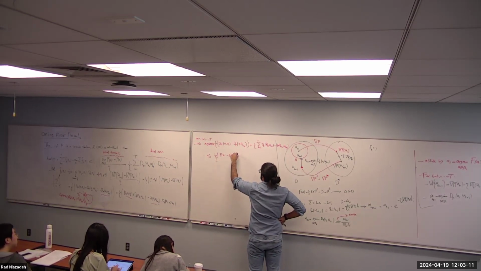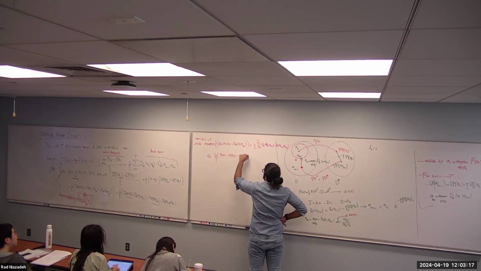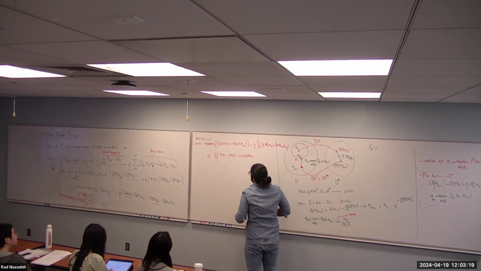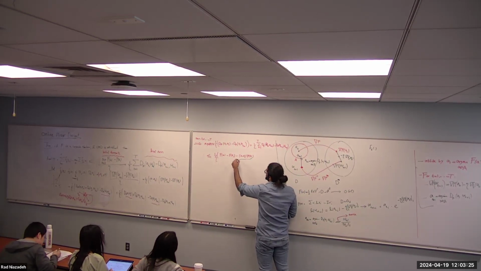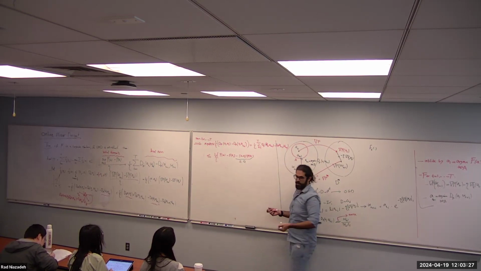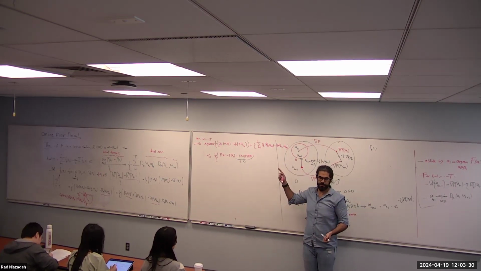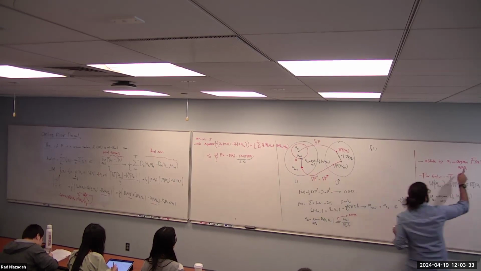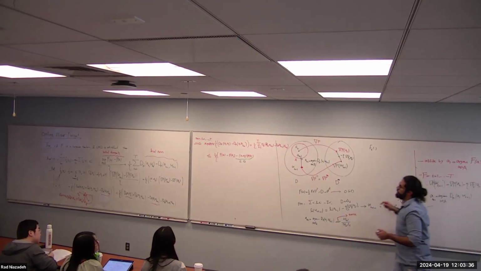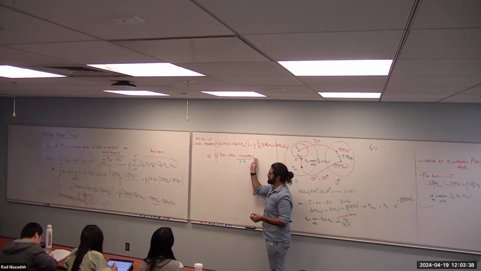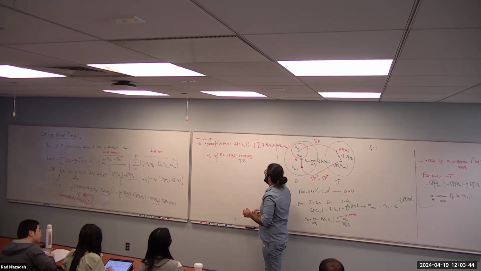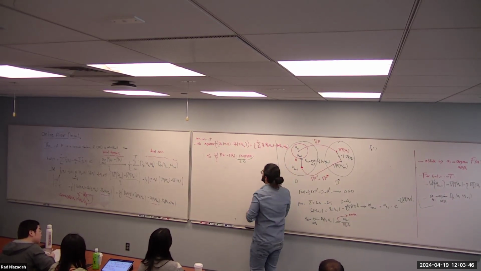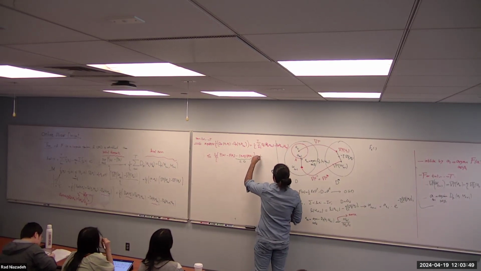I think the other term is always going to be negative. The reason is that a_1 was the minimizer of f. So remember, a_1 was the minimizer of f, therefore the gradient of f at a_1 dot product with a minus a_1 should always be positive, and therefore minus of that should be negative.